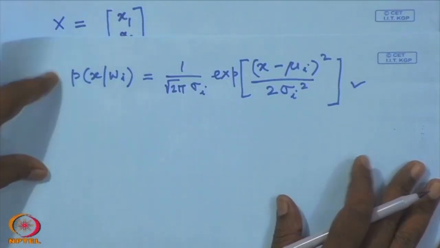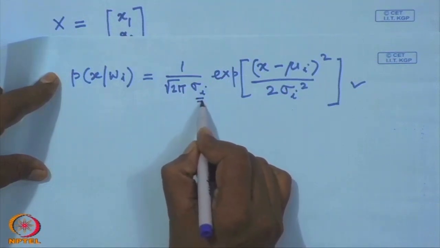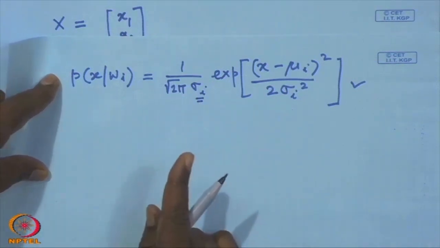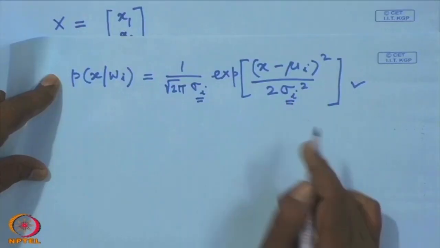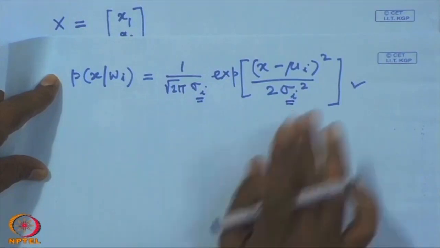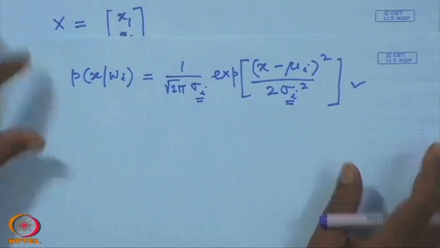In that case, the sigma I squared, which is the variance of the samples taken from class omega I, has to be replaced by a term called the covariance matrix, because now I am dealing with multiple variables, where every variable represents one component of my feature vector.